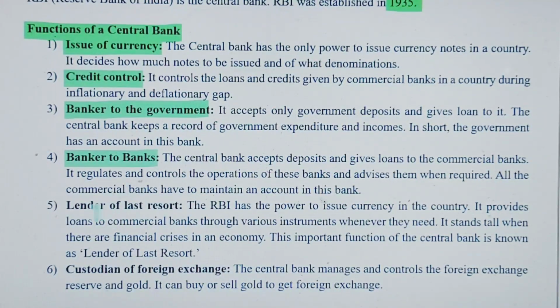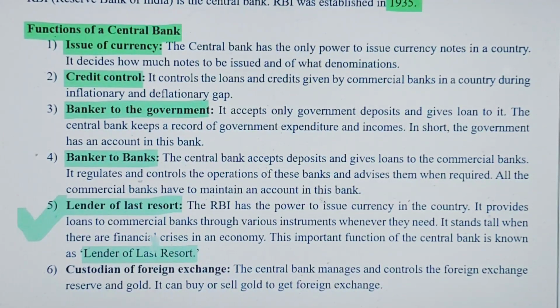The fifth function is lender of last resort. This is a very important function. Basically, the RBI or the central bank has the power to issue currency in a country, and it provides loans to the commercial banks through various instruments whenever they need. It stands tall when there are financial crises in an economy, and this important function of the central bank is known as lender of last resort.